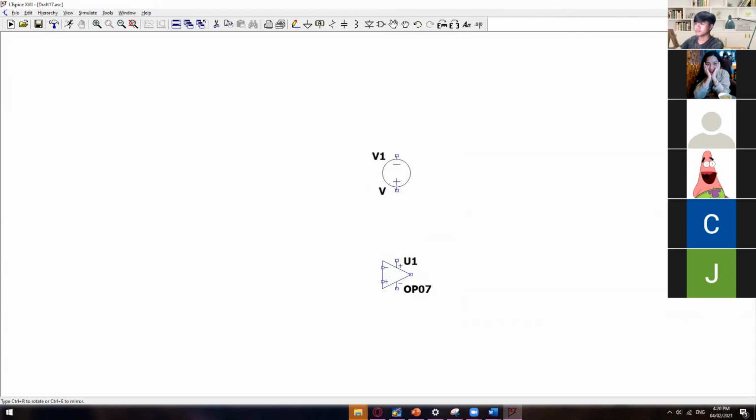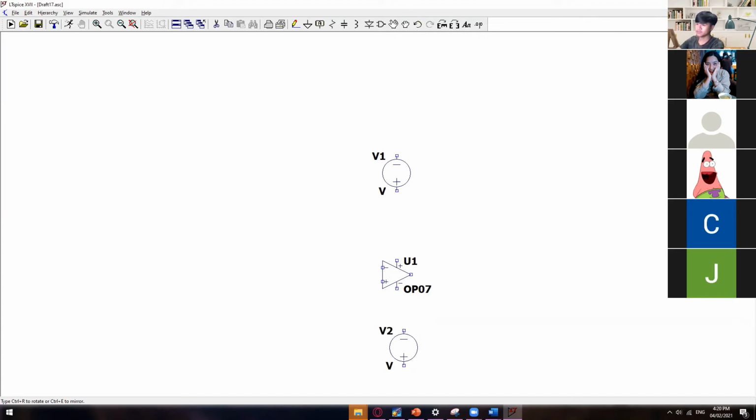So one here and then another one here. So you can use this one, or you can use this arrangement. But if you're going to use this one, positive going to negative, so you have to indicate that it's negative. So you have to put a negative value.